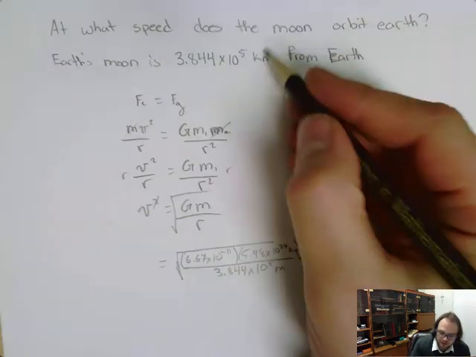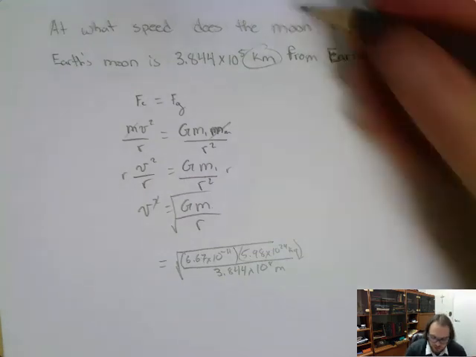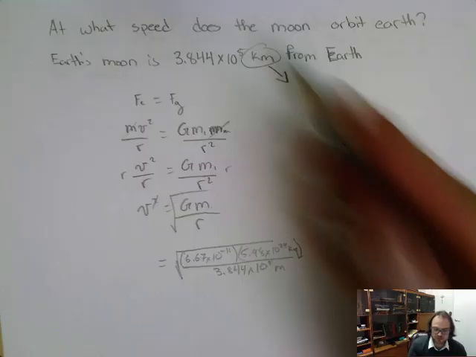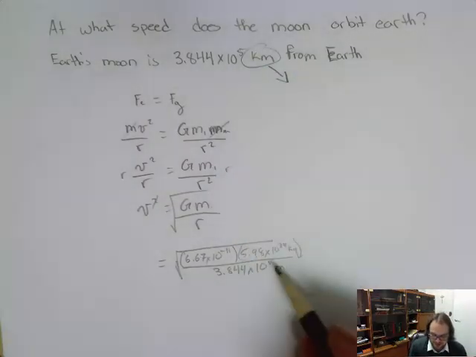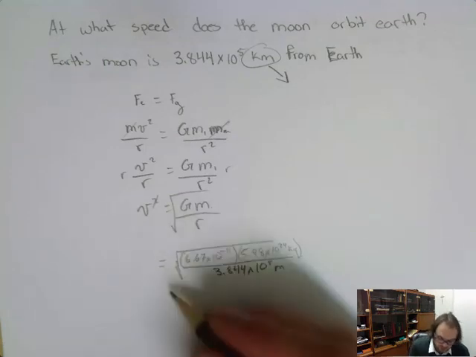Because remember, everything must be put in meters, not kilometers. So this here we have to switch to meters. So I must multiply this number by 1,000. That's adding 3 zeros. So we just have that there.